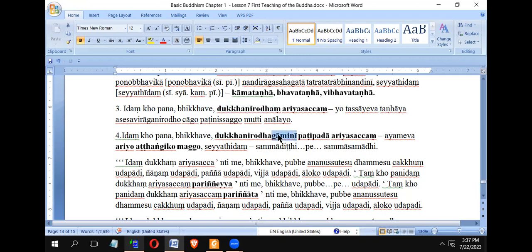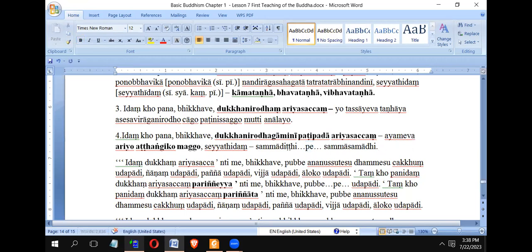Gamini is leading, patipada is the path. Ariya saccam, ayameva. Eva is like indeed: indeed, this is the path, because the path is already mentioned in the first portion. Now you can see in the English the word pe, which means dot dot dot.